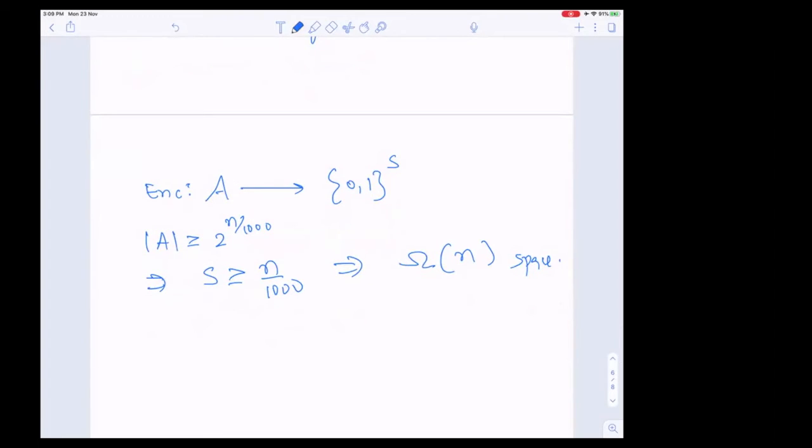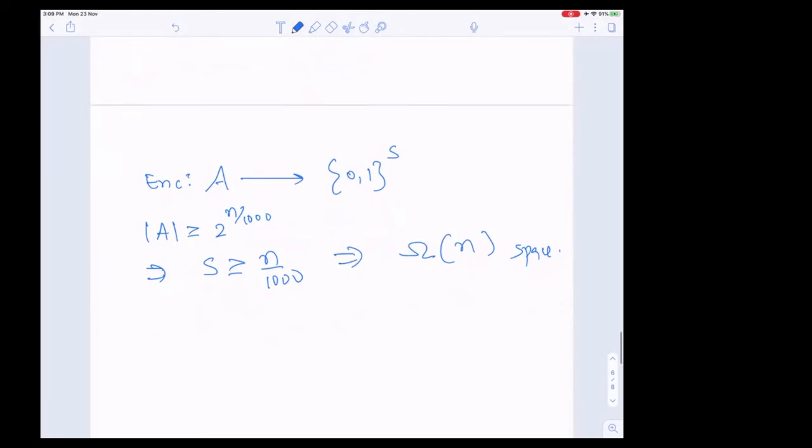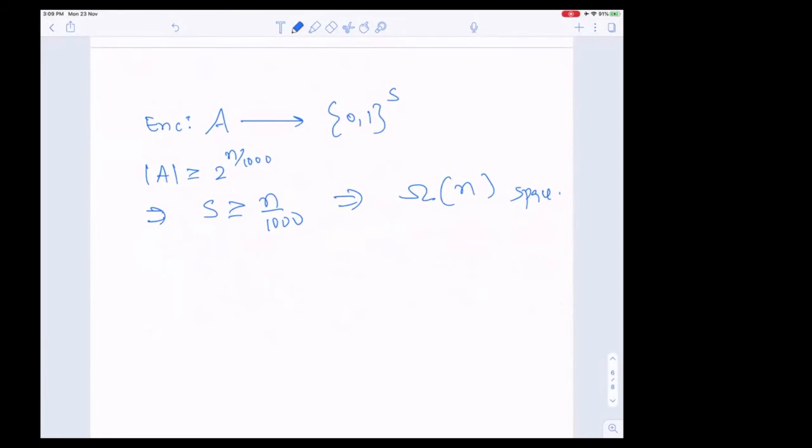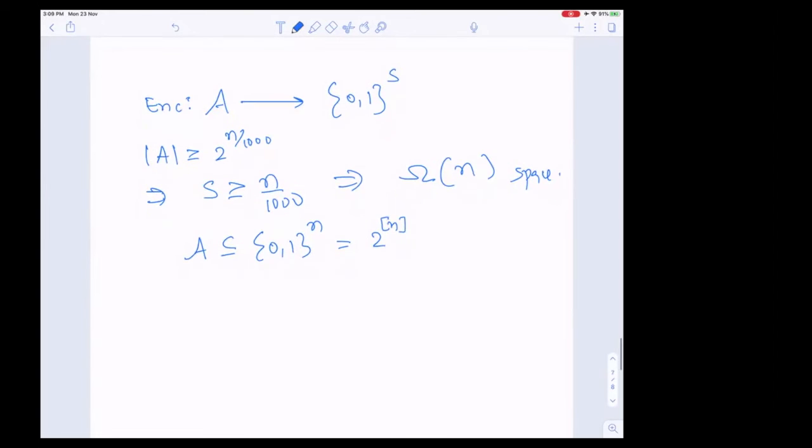Now notice what we did earlier: A is going to be some subset of {0,1}^n, or rather a subset of 2 to the power n. The encoding is going to be the same.